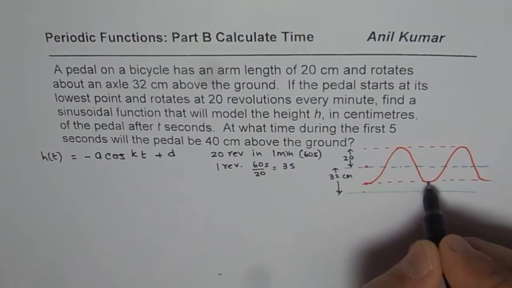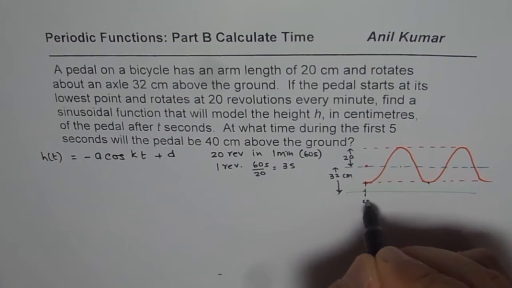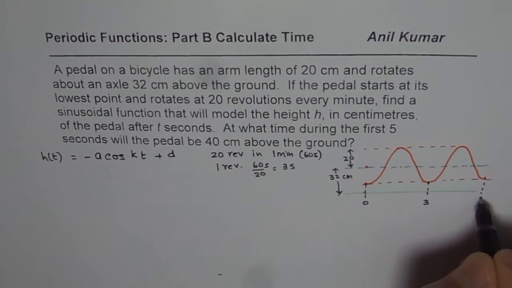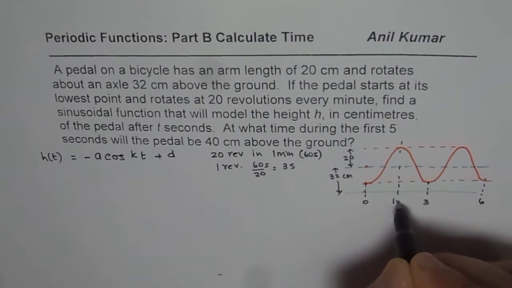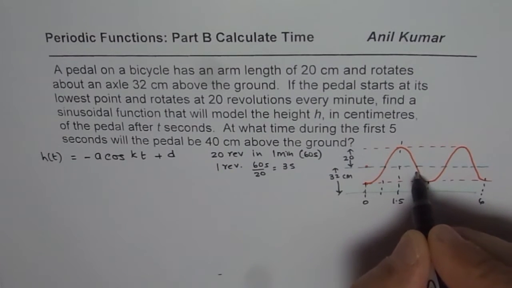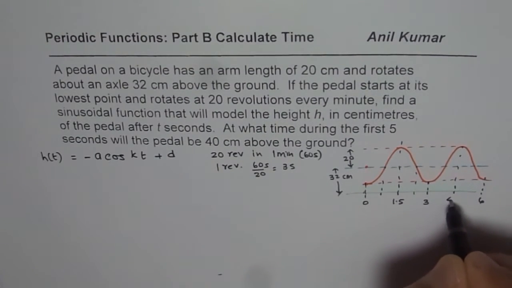So the time period here is 3. So if you see this time starting at 0, this will be at 3, right? So that will be at 6. So this point will be 1.5, 0.75, half of this, half of this. You can add all these points here, 4.5.